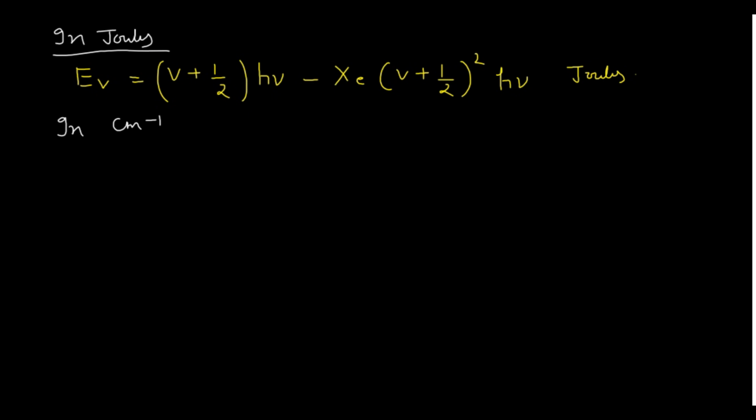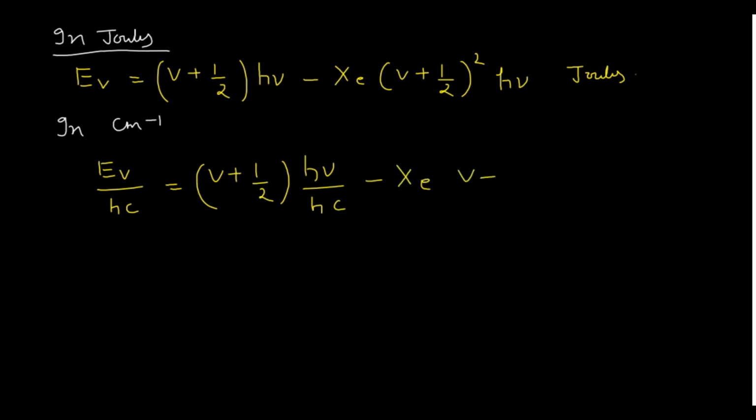As I already told you in my previous classes how we can convert this, we divide this vibrational energy by hc, where h is the Planck's constant and c is the speed of light. Then you will have (v plus half) h nu from the above equation, and again I divide this by hc on both sides of the equation, minus xe (v plus half) squared h nu over hc, and this would be in centimeter inverse.